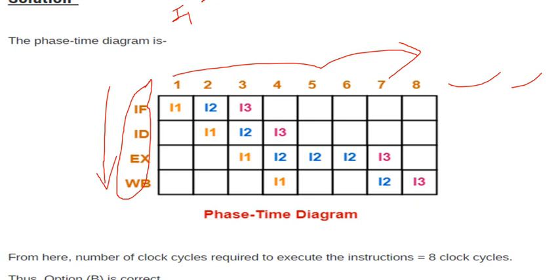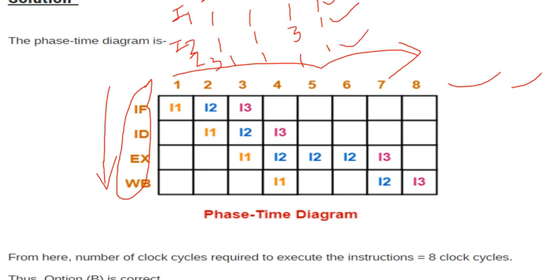We already talked about in our previous slide that I1 requires 1 clock in IF phase, 1 clock in ID phase, 1 clock in execution phase, and 1 clock in write back phase. I2 requires 1 clock in IF phase, 1 clock in ID phase, 3 clocks in X phase, and 1 clock in write back phase. I3 requires 1 clock in IF phase, 1 in ID phase, 1 in X phase, and 1 in W phase. As we know, I1 is an add instruction, I2 is a multiply instruction and I3 is a subtraction instruction.